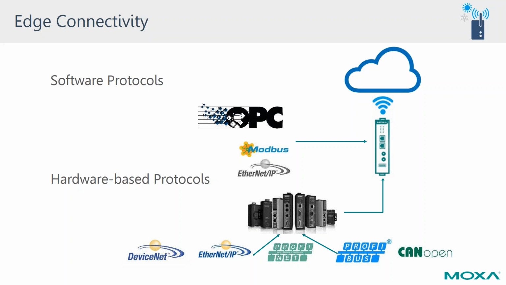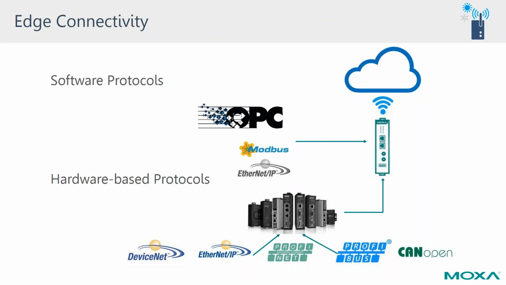So you have different protocols here that can be done in software over an Ethernet or serial connection, and some do require the hardware. Things like Modbus, both serial or Modbus TCP, EtherNet/IP, Profinet, these are all Ethernet-based protocols that you can bring directly into that gateway. Then you have other protocols like Profibus or CAN.